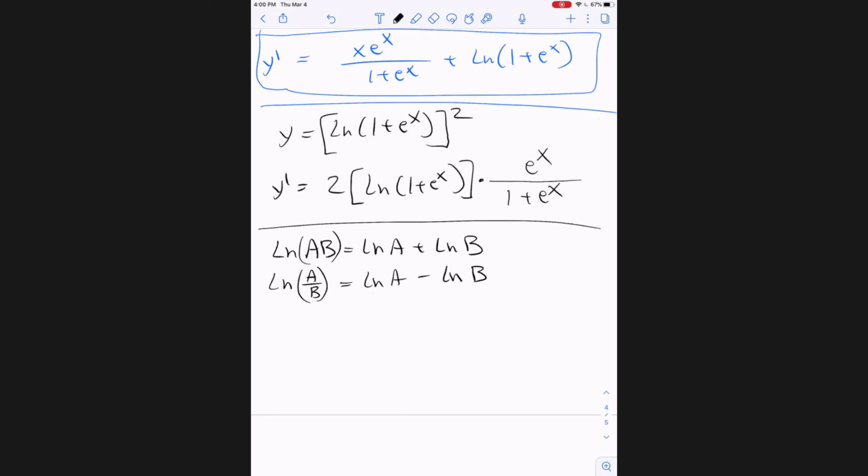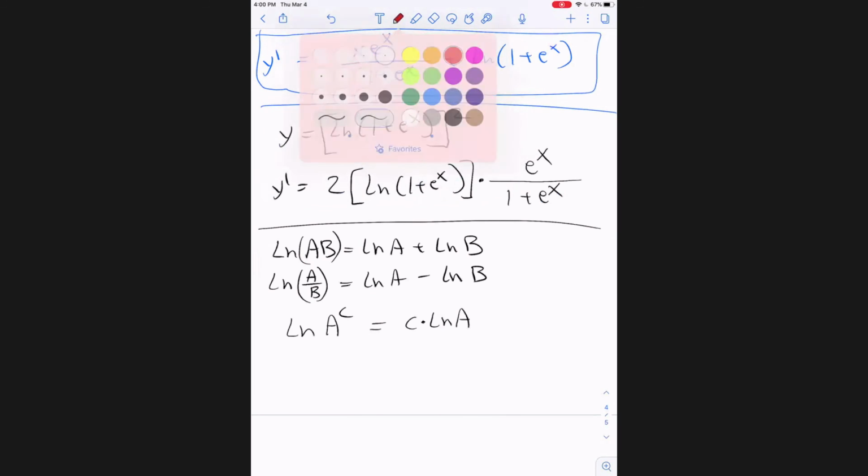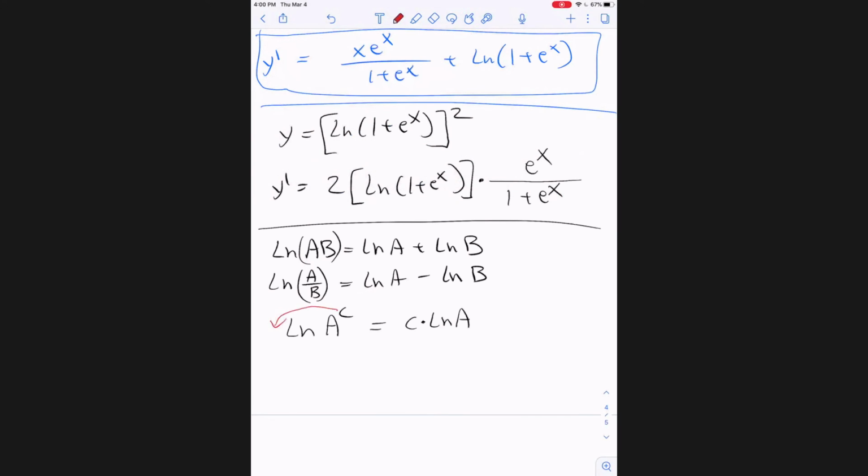And if you have natural log of A to an exponent, let's call it c, that's c times the natural log of A. What that's saying is you can bring this exponent down to the ground, so to speak, and write it as a product. You should know these, and there are other properties as well. They make your life easier.